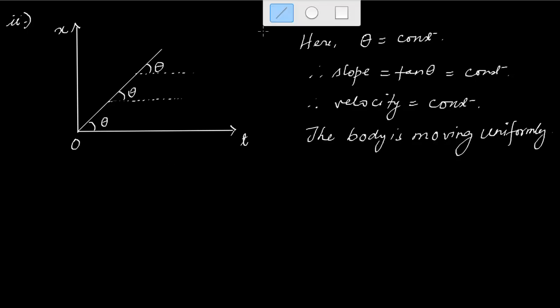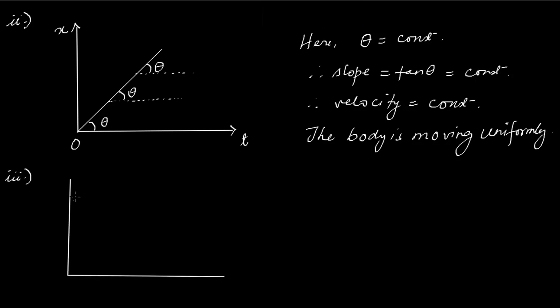Is that clear? So let's go to the third graph, number 3. Position, time, and let's say our graph is like this.